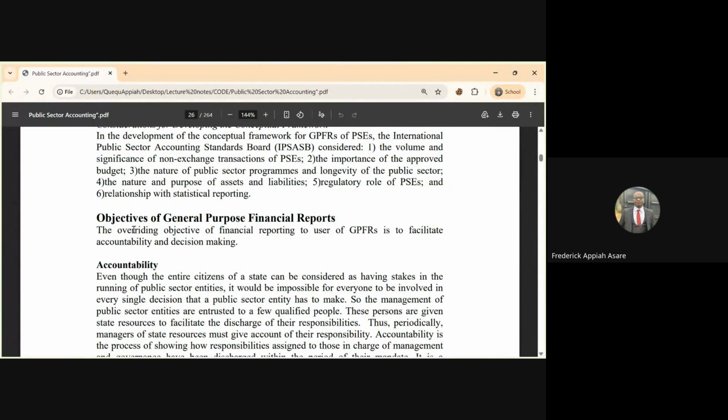And the main objective is that the overriding objective of financial reporting to users is to facilitate accountability and decision making. So if you go to the exam zone and they ask you what the general purpose financial report is for, it is to facilitate accountability and decision making.